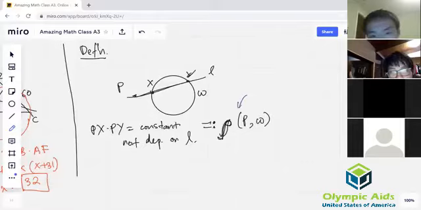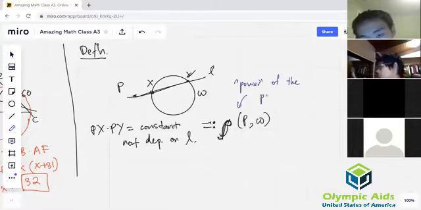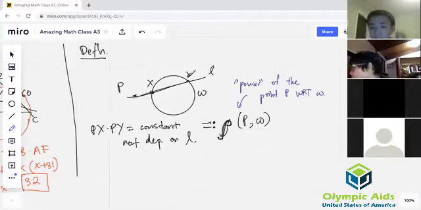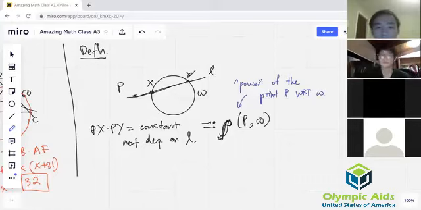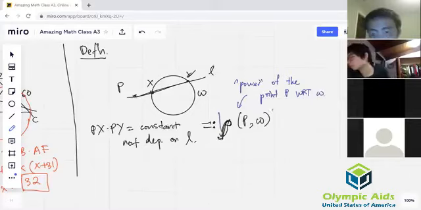This quantity right here we'll call the power of the point P with respect to the circle omega. So give me any point P, give me any circle omega, and then this constant value will be the power. It's actually going to be the absolute value of the power, and you'll see why later.